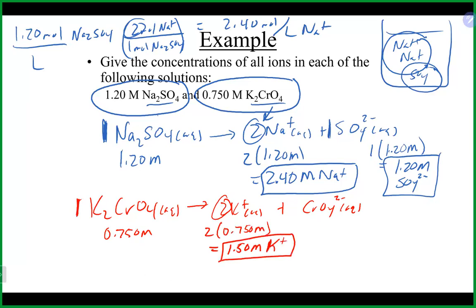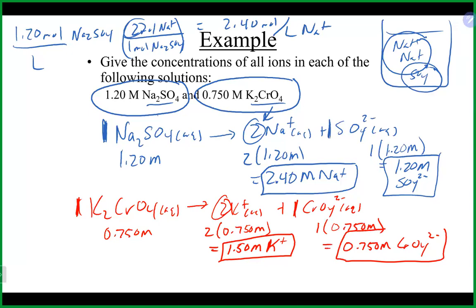And again, it is a 1-to-1 relationship between the whole thing and the chromate. So taking our concentration and multiplying it by 1, going to give us 0.75 molar of our chromate in this particular solution. So once again, here it's kind of similar. We get basically twice the amount of potassium as we do for chromate for every one that goes in for a swim.